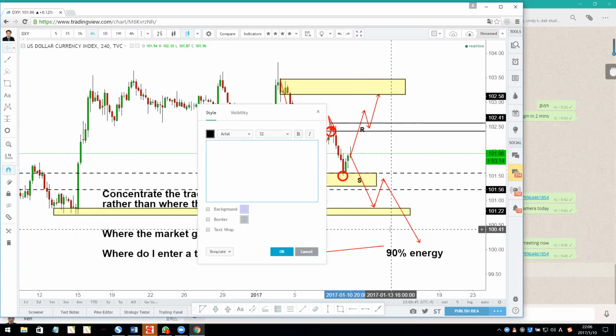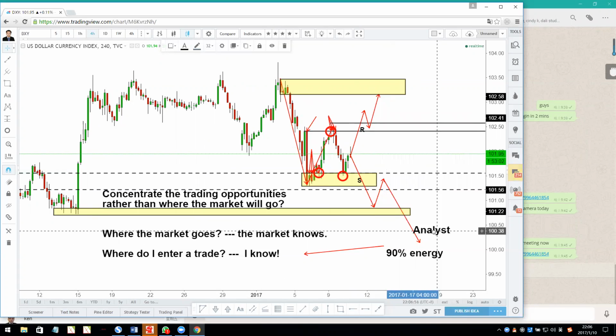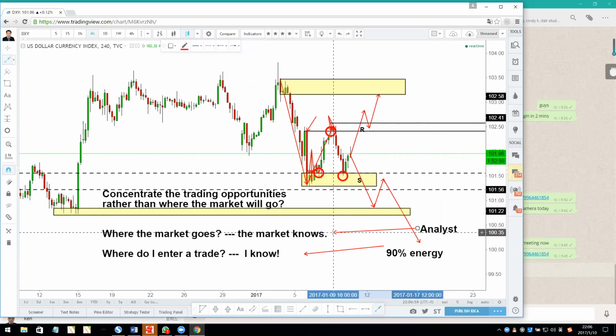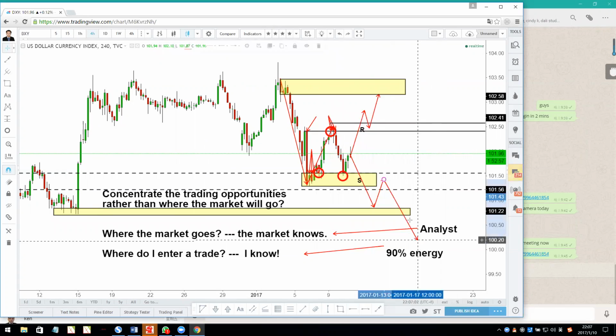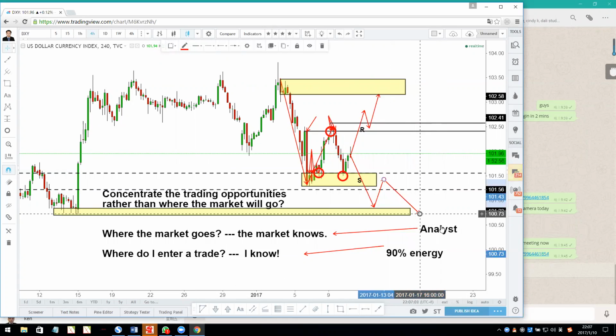The people who solve the first problem are analysts. Analysts tell you that, due to such and such, the dollar may go up to where, or the dollar may go down to where. 90% possibly goes up or 50% possibly goes down. The analyst is trying to predict where the market goes. Analysts do that.